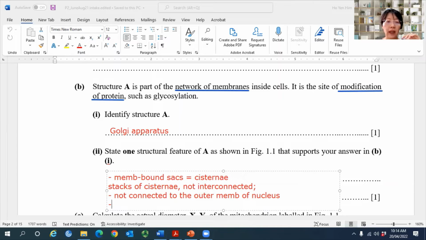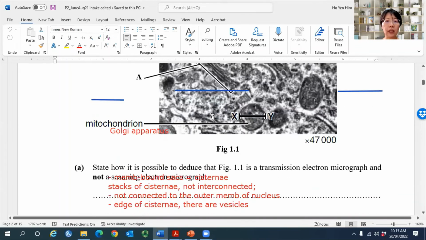this one is not. And lastly, at the edge of the cisterne, there are vesicles, secretory vesicles that butt off the edge of the cisterna. You can see this from the diagram here.